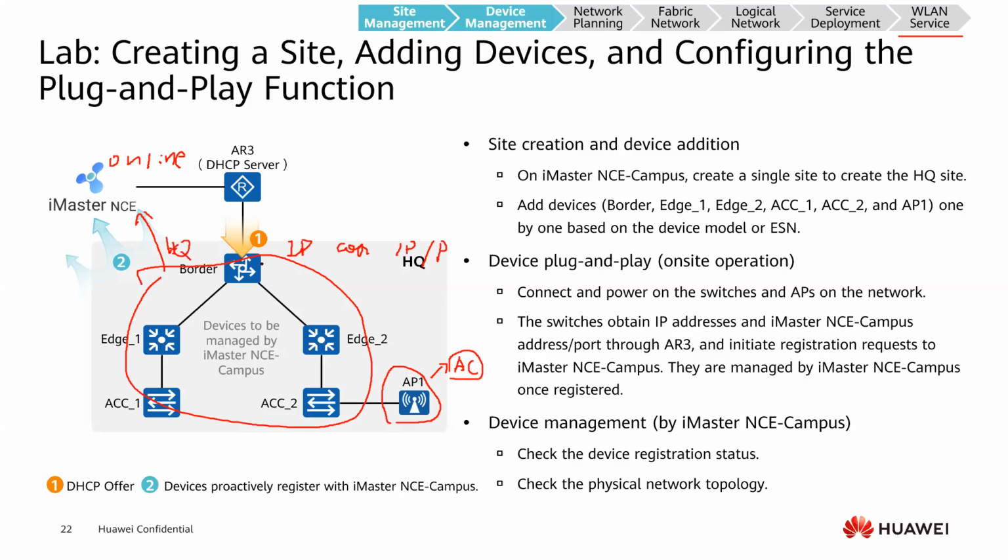We create a campus network, we call it HQ, and we put all of these devices on one site, and the site name is HQ. That means the HQ's devices are managed by the controller, and the controller can uniformly manage and deploy the services for all of the devices.